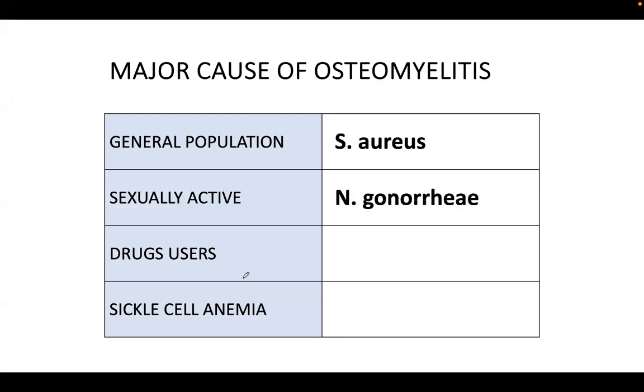It's going to be Neisseria gonorrhoeae. For drug users, it's going to be Pseudomonas. And for those with sickle cell anemia, it will be Salmonella. Please take note of this.